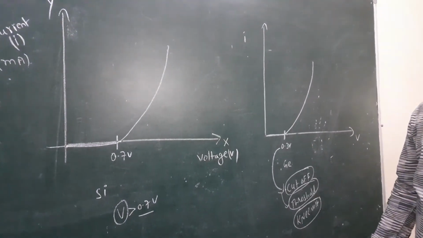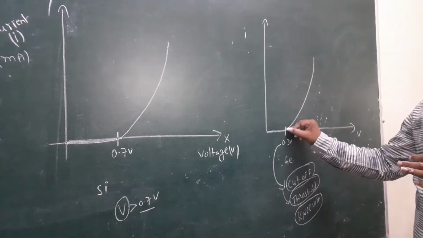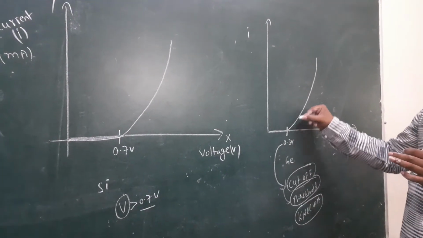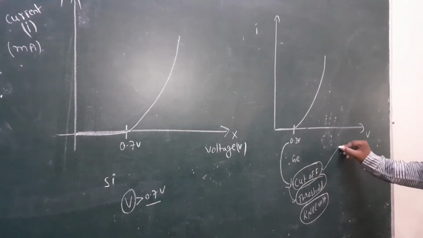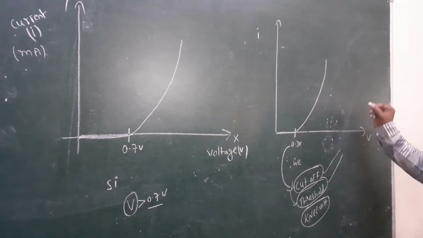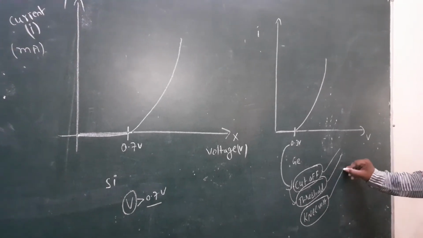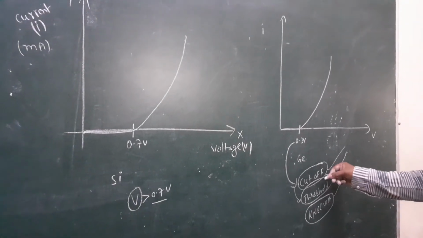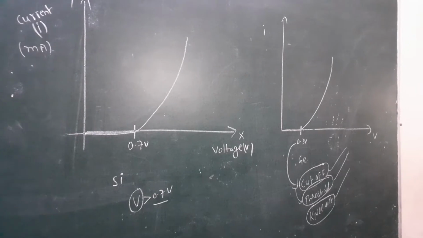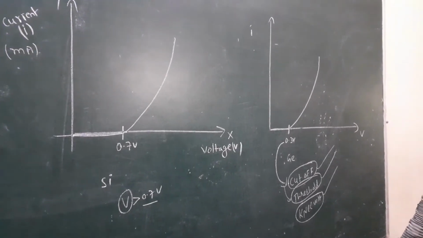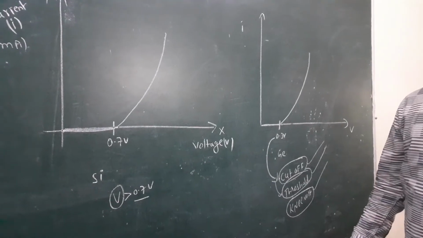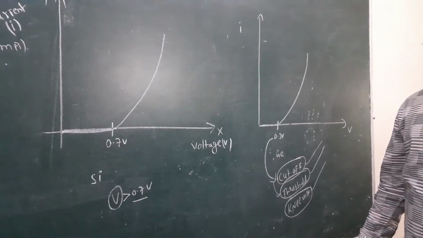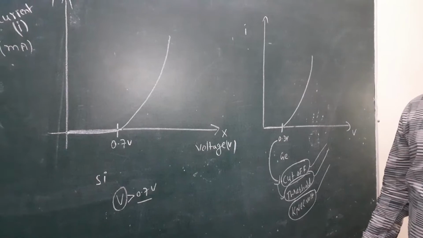Once again, the voltage at which current starts is called the cutoff voltage, or threshold voltage, or knee voltage. Generally, cutoff voltage, threshold voltage and knee voltage are equal to the barrier voltage. After that, when the applied voltage is greater than the barrier voltage, current increases exponentially in the forward bias.